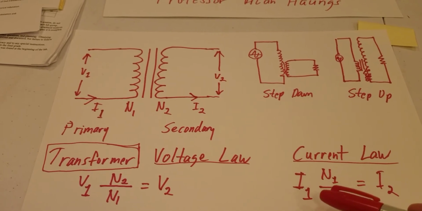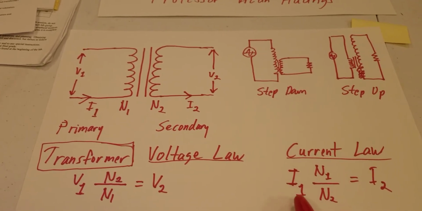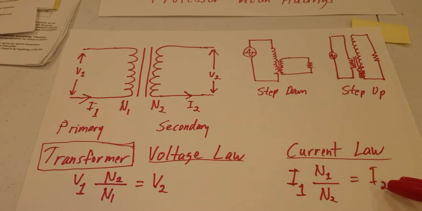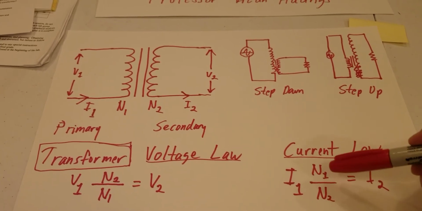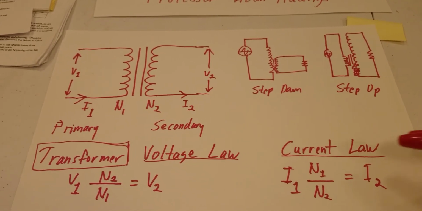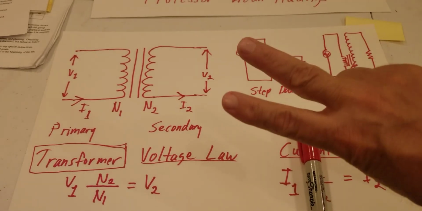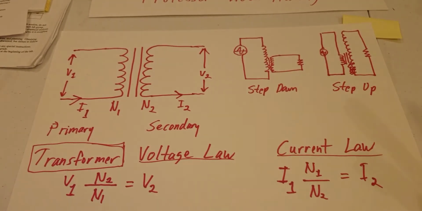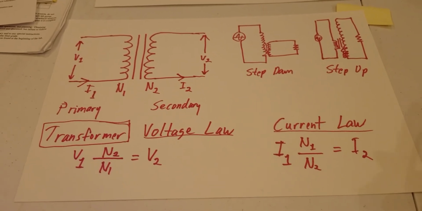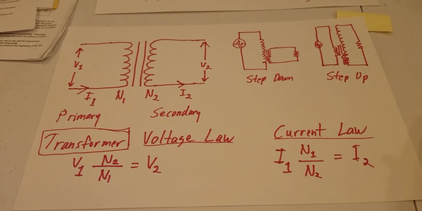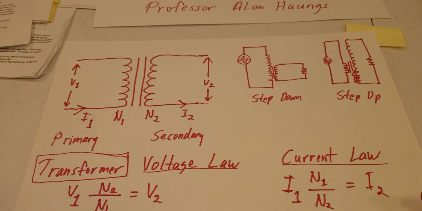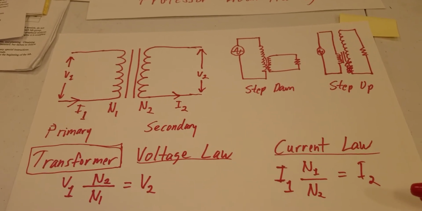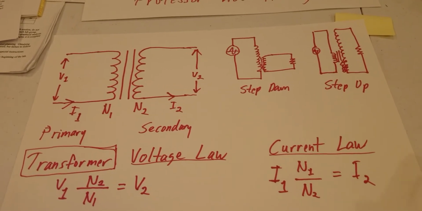Inversely, the current that's fed into the primary versus the current coming out is the exact opposite. So if we know N1 and N2, we're either doing this or this as a ratio. So in the same example I just said, let's say we wanted to step down the voltage, and so we're going to step it down to 1/10.